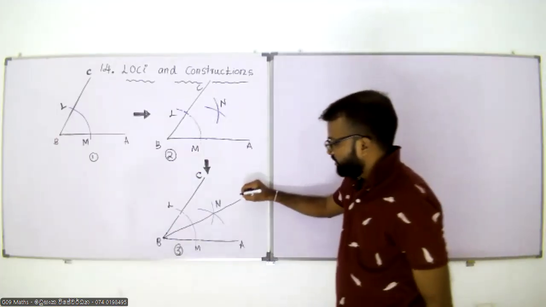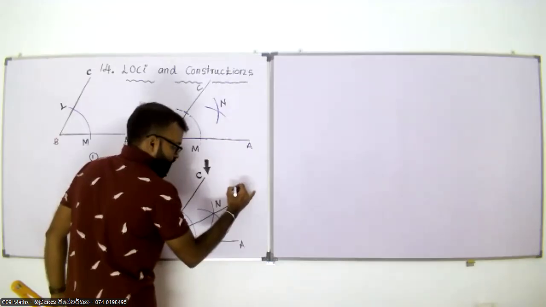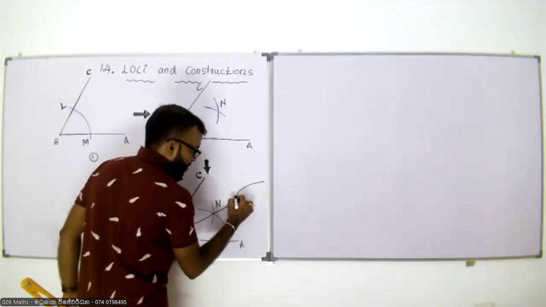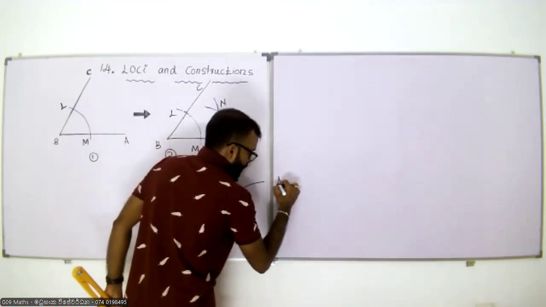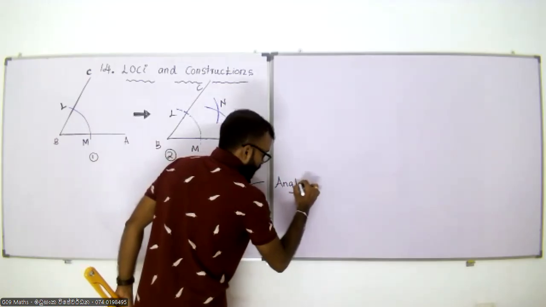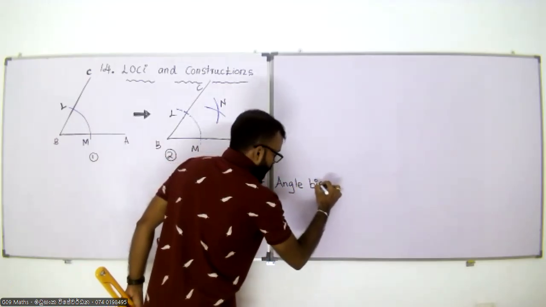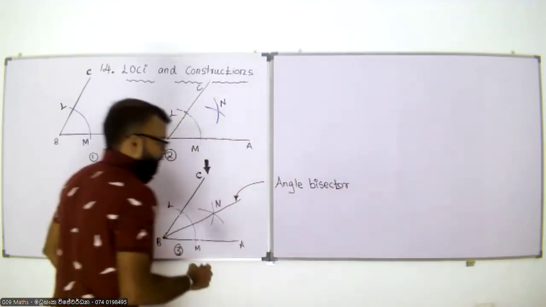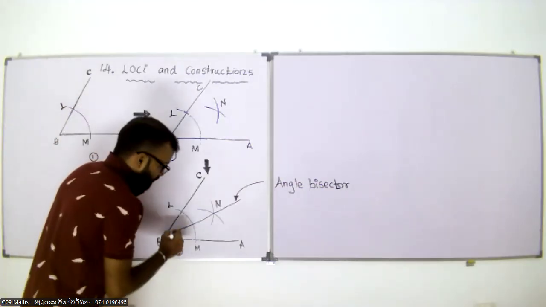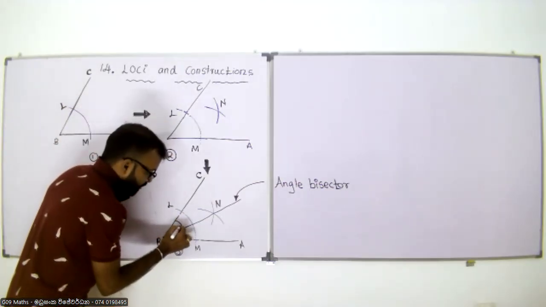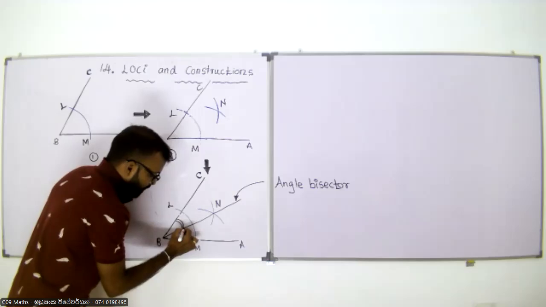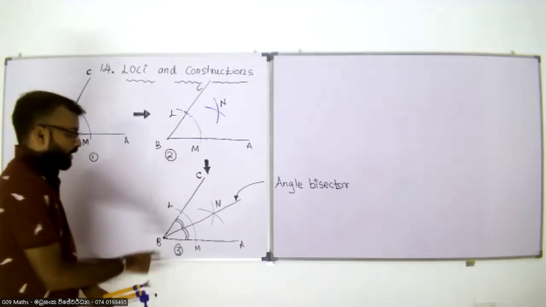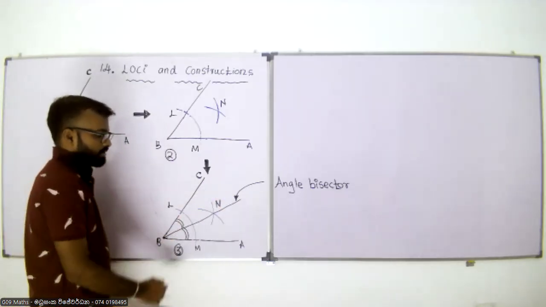So this one is called the angle bisector. That means these two angles are equal, because this is the angle bisector.